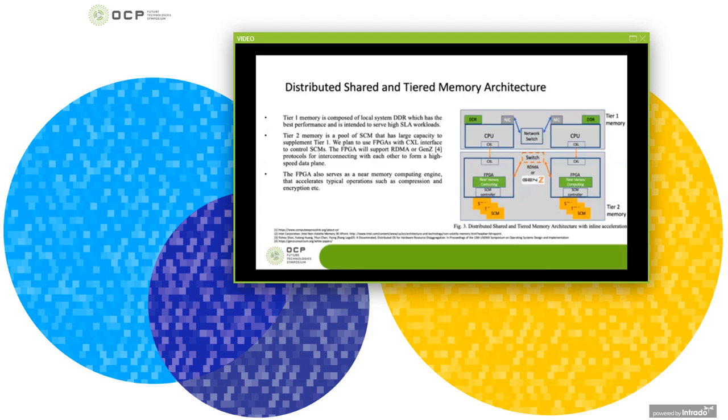Here, we plan to use FPGA. FPGA can support RDMA or Gen Z protocols for interconnecting with each other to form a high-speed data plane. And in addition to that, the FPGA can also serve as a near-memory computing engine that accelerates typical operations such as compression, encryption, etc.